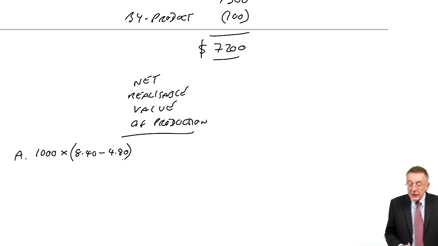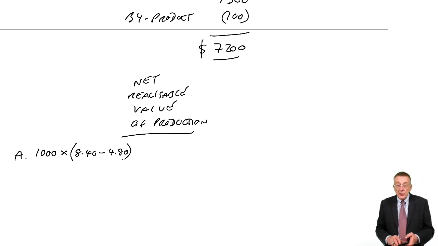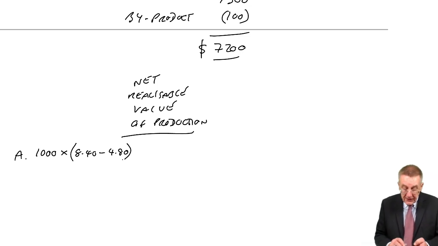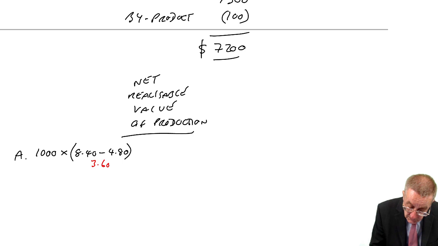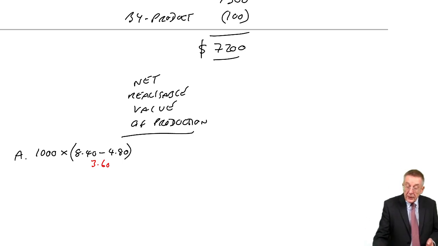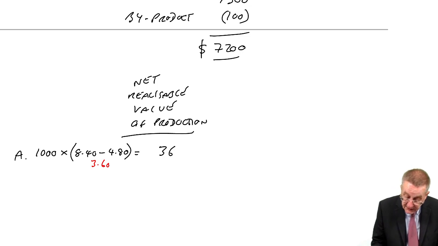So we say, well, let's treat it as though its value when it comes out of the process is 840 minus 480, which is $3.60. And so the total value of the production, 1,000 at 360, is 3,600.